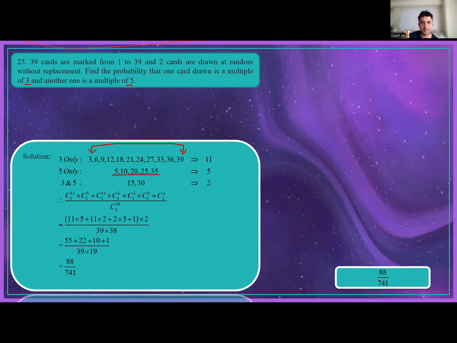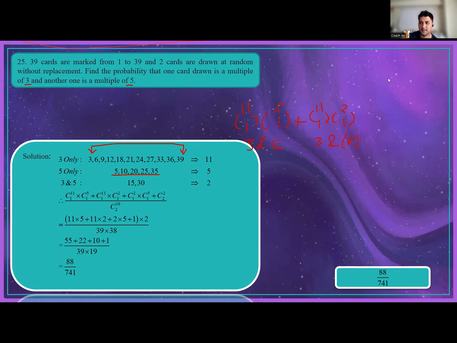Now we need to find the probability in total. First, you take 11 choose 1 and 5 choose 1, for a multiple of 3 only and a multiple of 5 only. Next is 11 choose 1 and 2 choose 1, for a multiple of 3 and a multiple of 15.